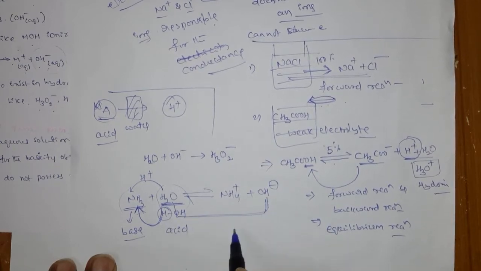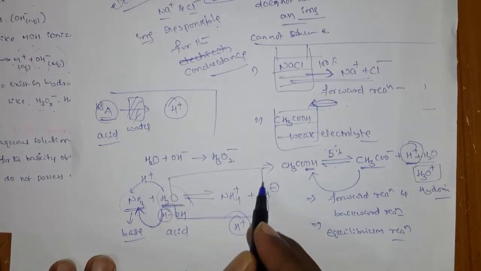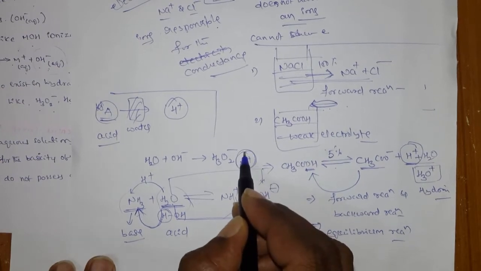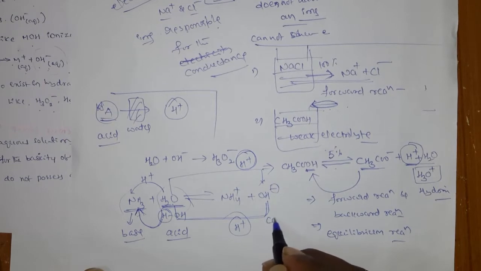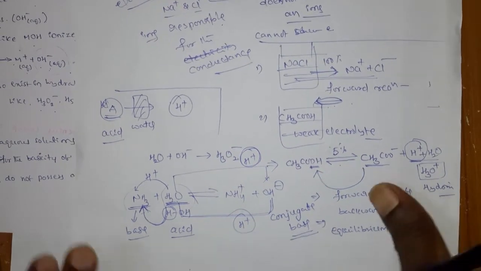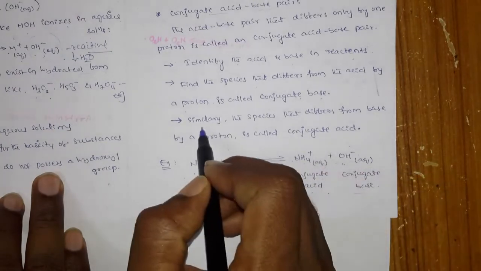What is the difference between these two? Only the H plus ion. So these two differ by a proton, so you call it a conjugate base.